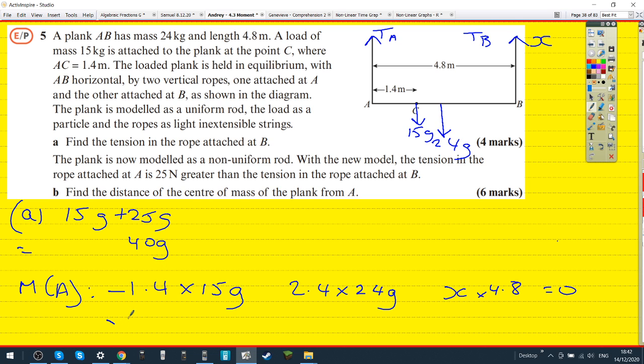And the second one clockwise, so negative as well? Yeah.